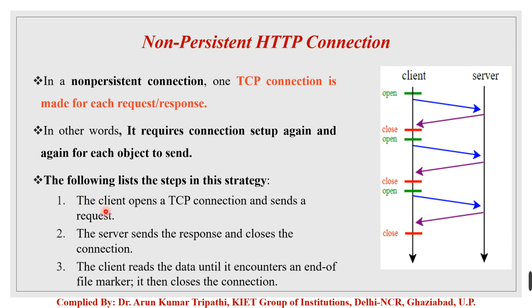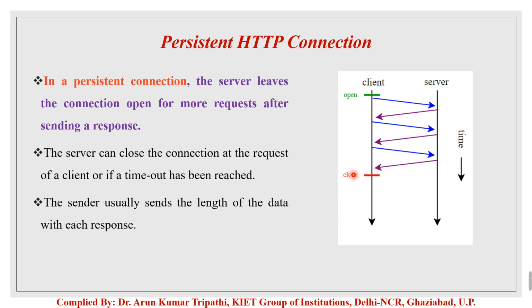Here are the steps. The client opens the TCP connection and sends the request. The server sends the response and closes the connection from its side. The client reads the data until it encounters the end of the file, and once the end of the file is encountered, it will close the connection. In case of a persistent HTTP connection, the connection is open for the entire session.